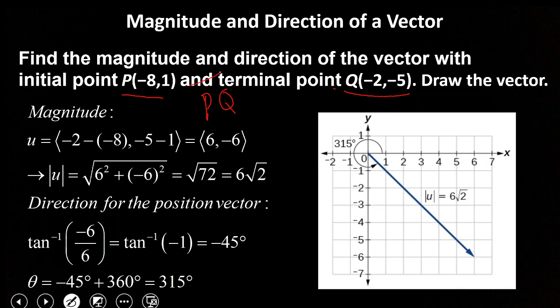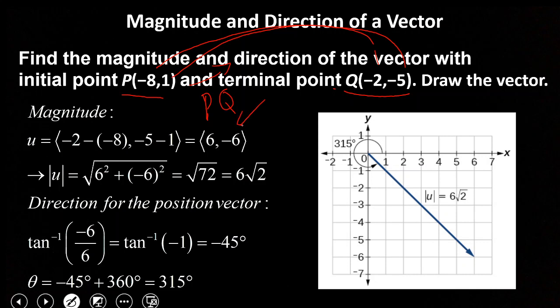We want PQ, where P is the initial point and Q is the terminal point. So it would be Q minus P: -2 minus -8, which is 6, and then -5 minus -1, which is -6.